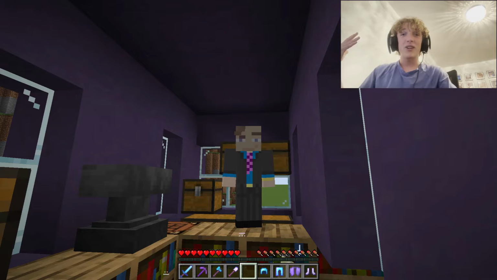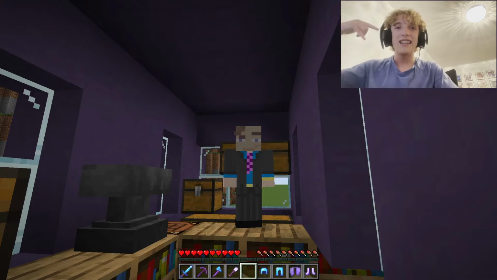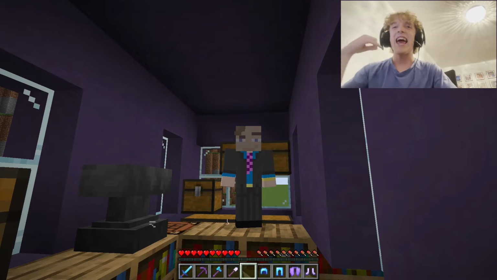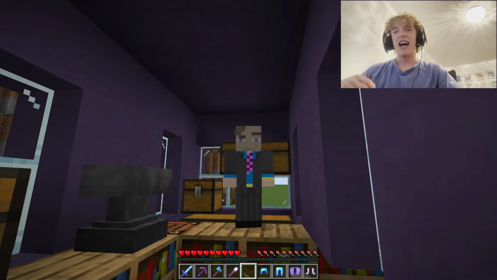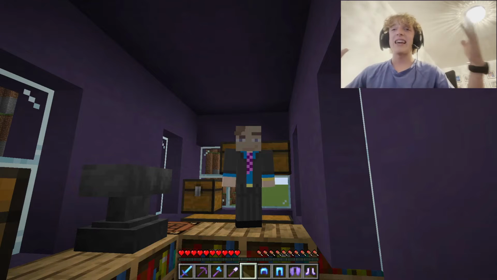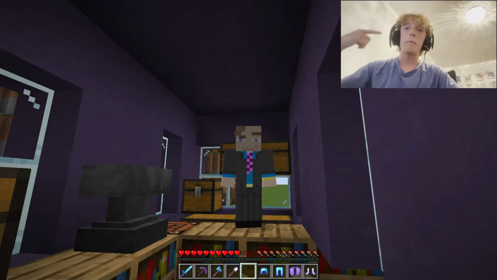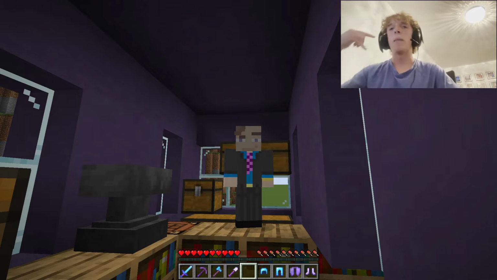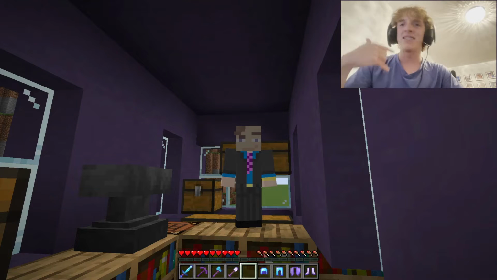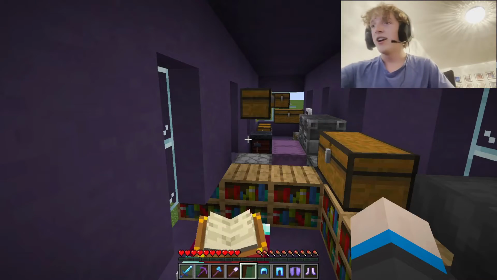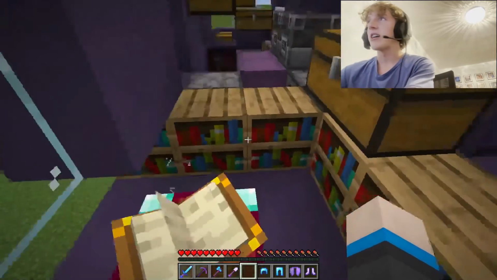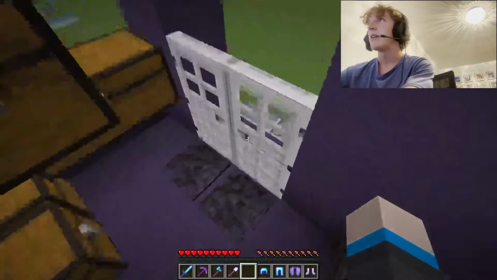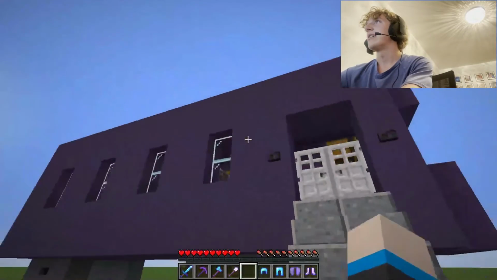In yesterday's episode, we went to the End and defeated the Ender Dragon. And now we're back in the overworld, and we need to build our official Minecraft base. So, thus far, we've been kind of living out of the Fortnite battle bus that I've built here.